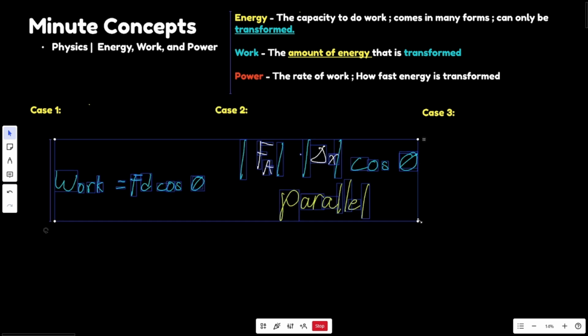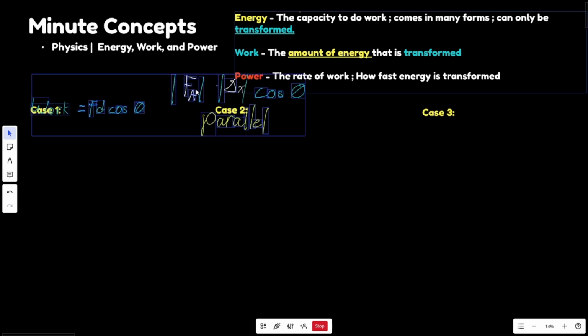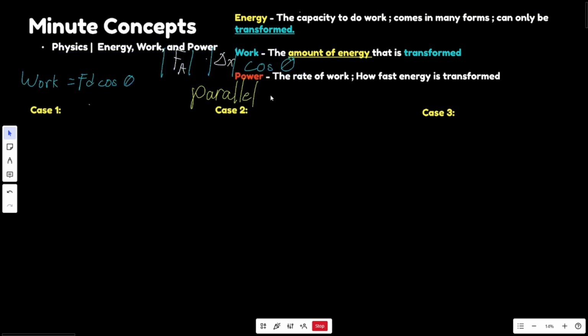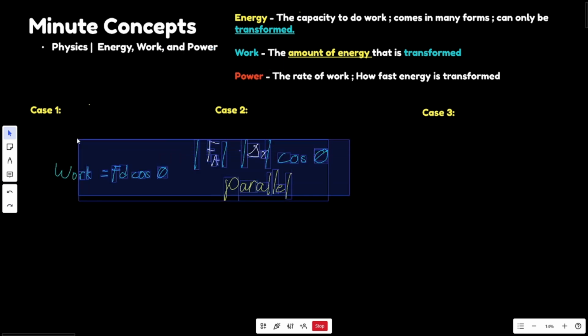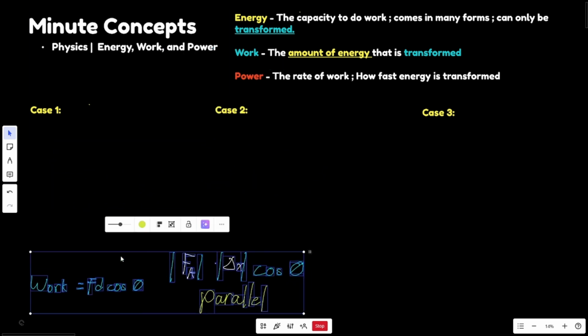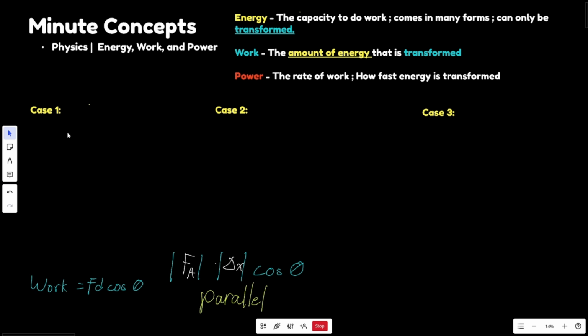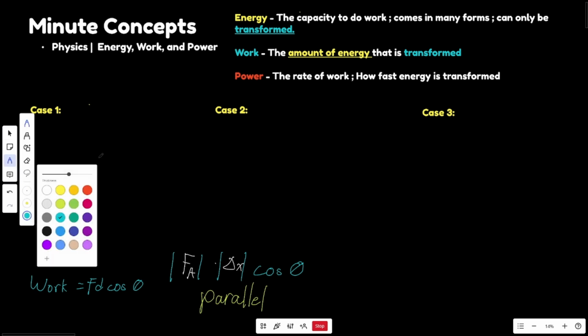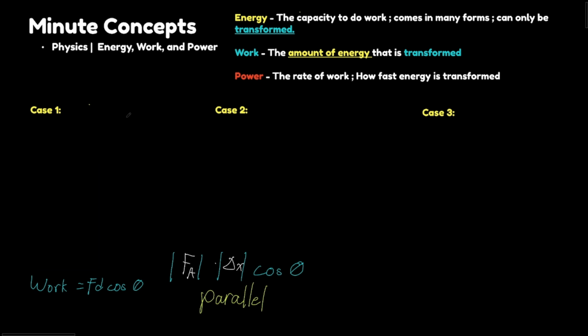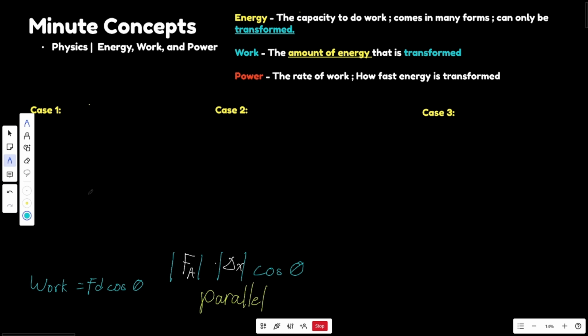So let's put this down here. Actually, let's just keep this down here. So there are multiple cases of work. Actually, there are only three: work can be positive, work can be negative, and there can be no work at all.